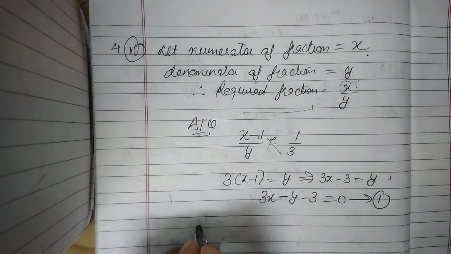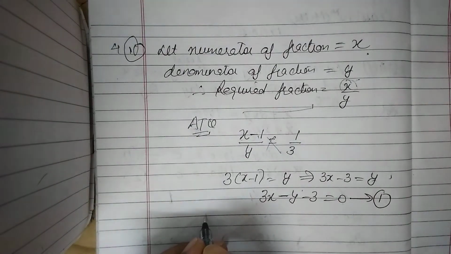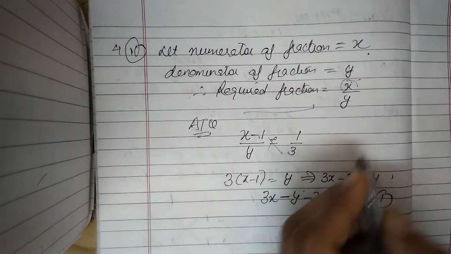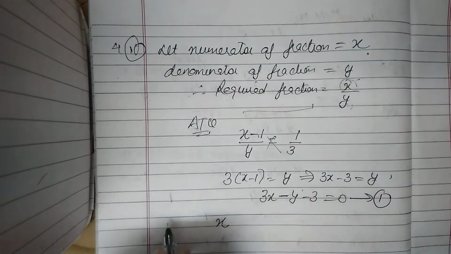Now in the second condition we are given that the fraction becomes 1 by 4 if 8 is added to the denominator. Here the denominator is y, and the numerator remains the same.